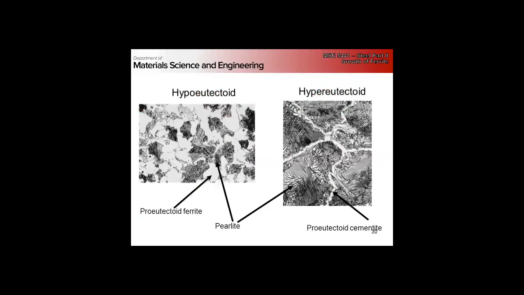Whether you're going to have pro-eutectoid ferrite or pro-eutectoid cementite, where it's going to form, and generally what the microstructures look like.